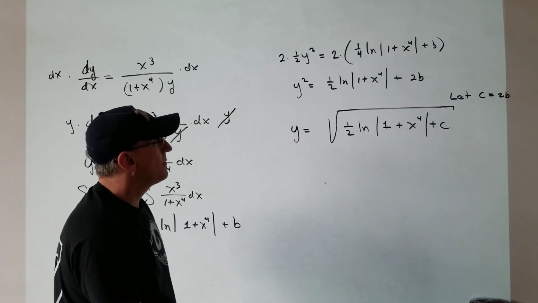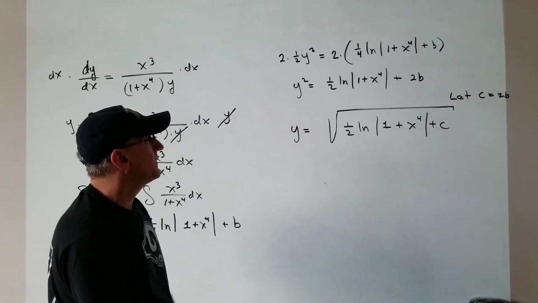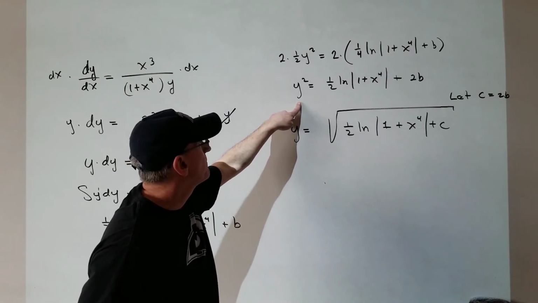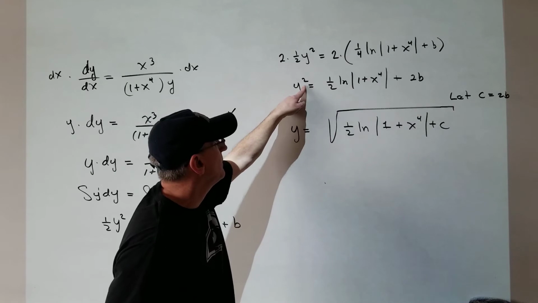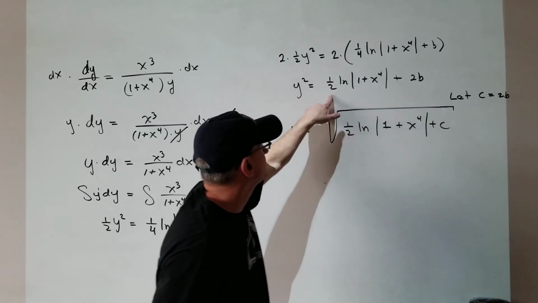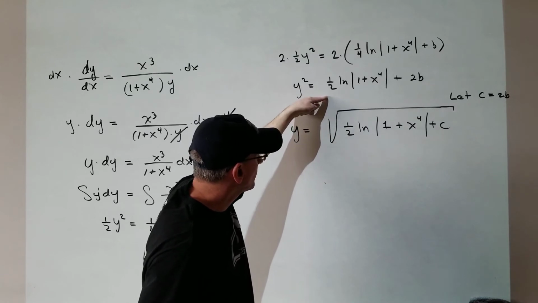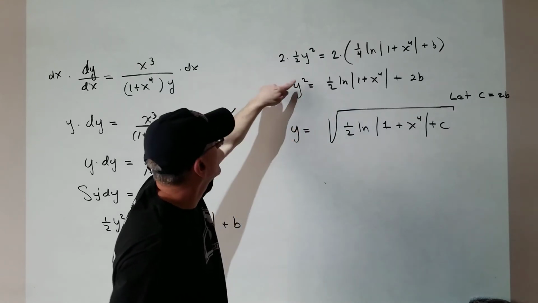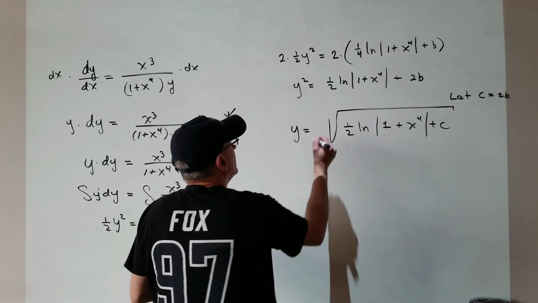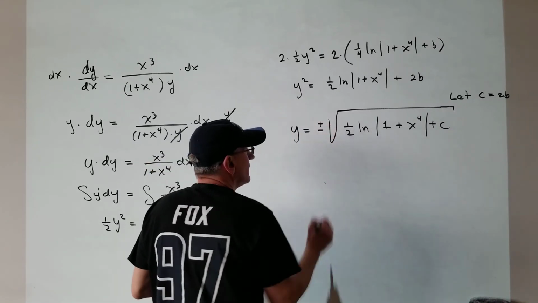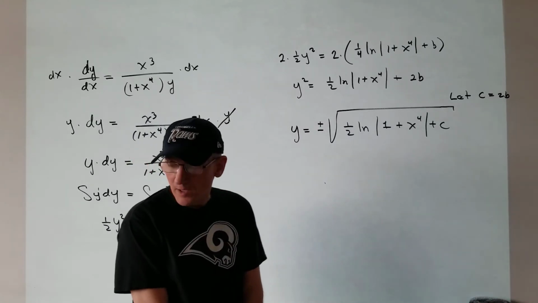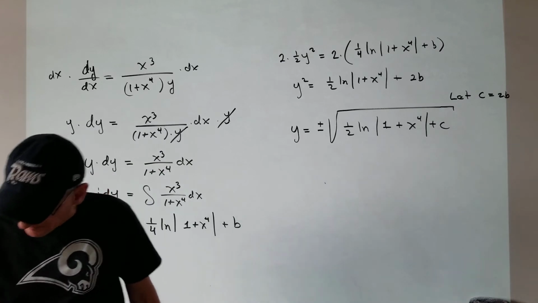Yeah, you probably should, because this is clearly a positive thing because it's squared. Being equal to this means this has to be a positive thing too. But when I take the square root of the y, how do we know that that wasn't negative? And so you need to put a plus or minus here, and it's not optional, and it's an important part of the problem. Okay, well, would you like to do one more?